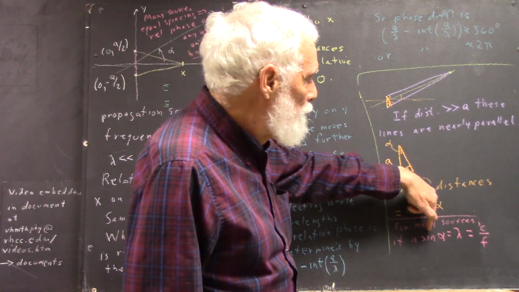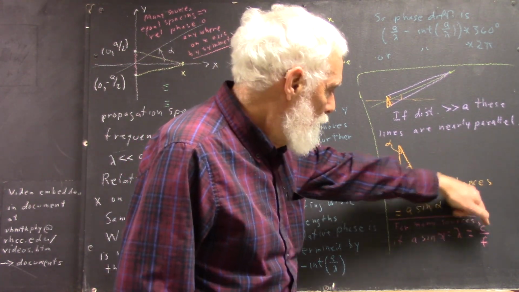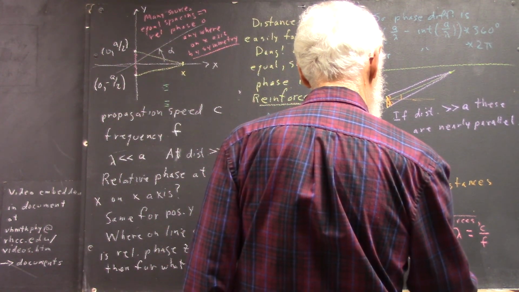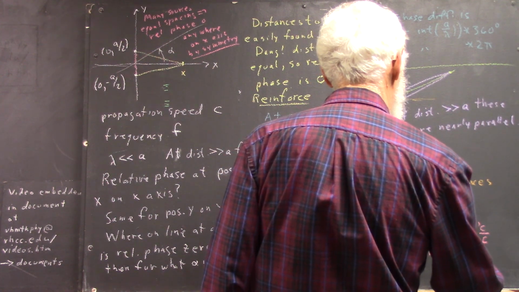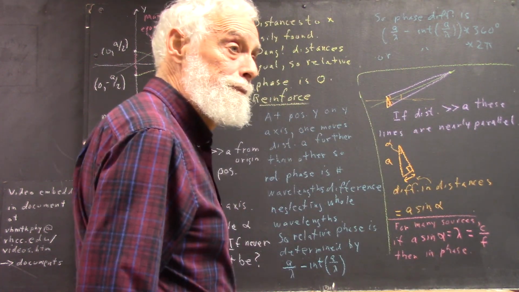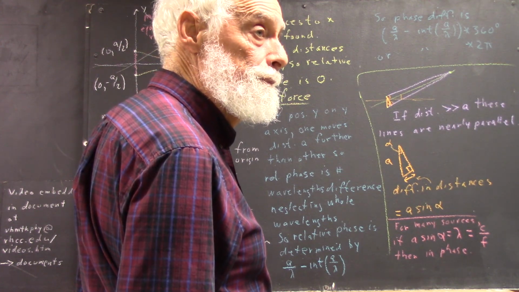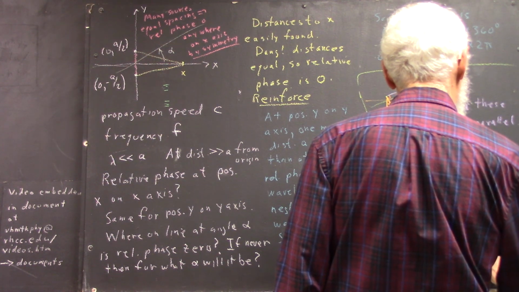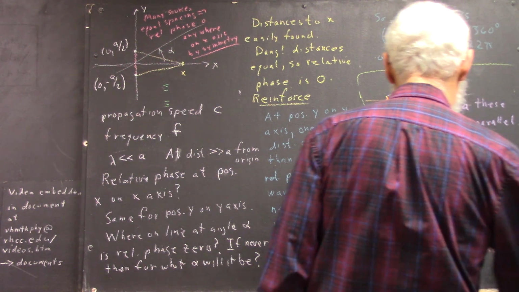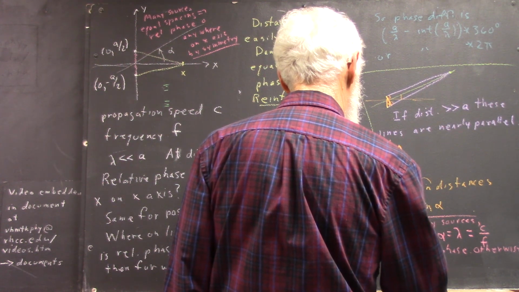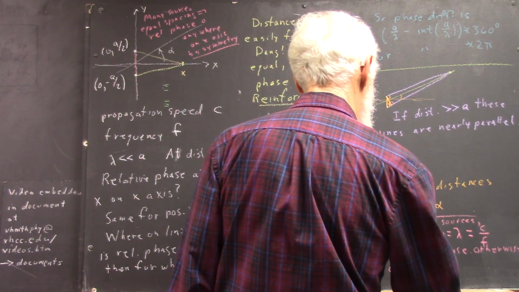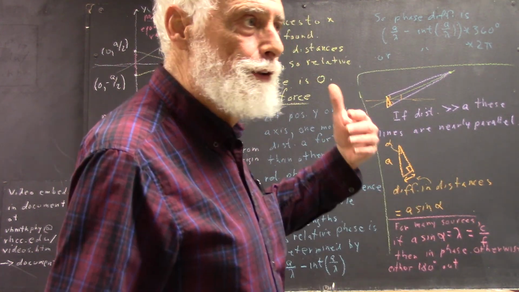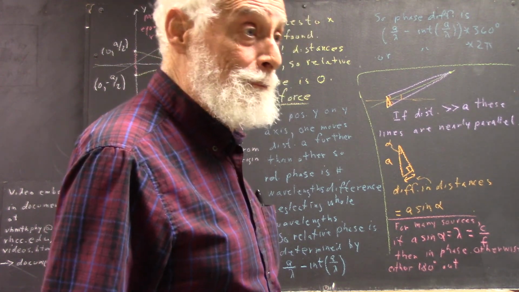Okay, so if there are many sources, if you have this, then everything's in phase. Okay? Otherwise, either 180 degrees out, meaning 180 degrees out of phase, but I don't have room to write all that, okay?